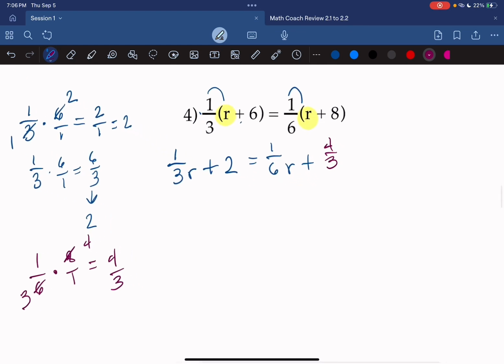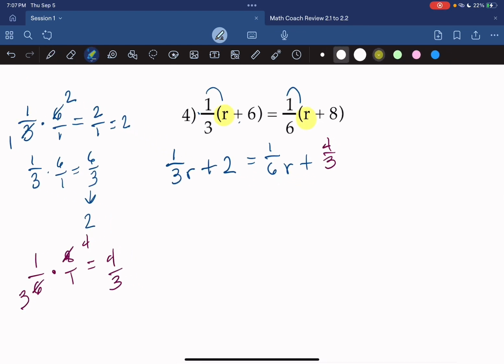Now, why don't we get rid of these fractions? So if you remember what we did previously, in order to get rid of fractions, we have to multiply by the common number of the denominators. So do you notice anything that these denominators have in common? It's the number 6, because they're all multiples of 3, and the highest one is 6.